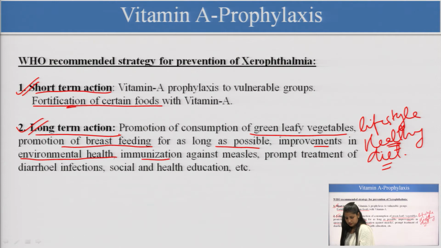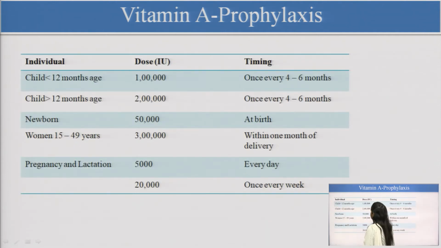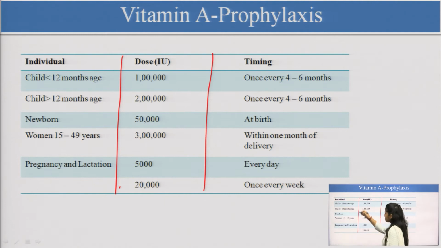Okay. Then after that, see, these are the dosages which are given to these groups. Okay, these are the vitamin A prophylaxis, for the xerophthalmia problem. If a population is suffering, then what will we do?